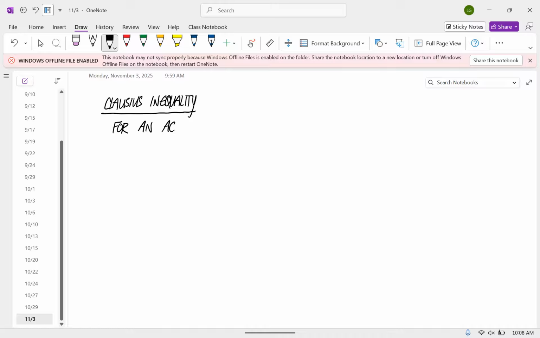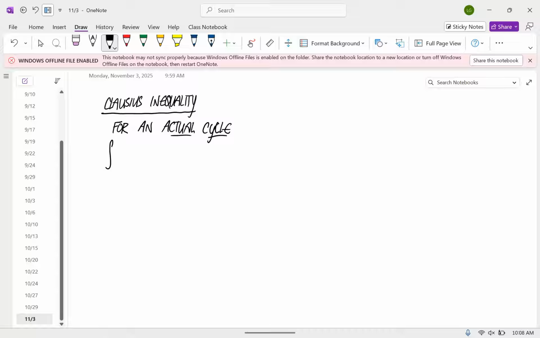For an actual cycle, so we're not talking only about ideal things here. We are talking about cycles only.